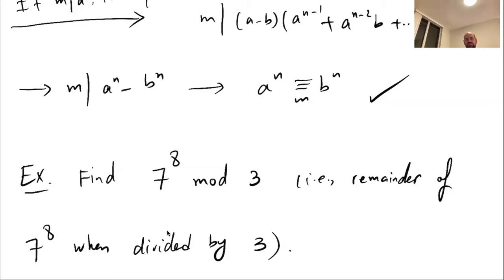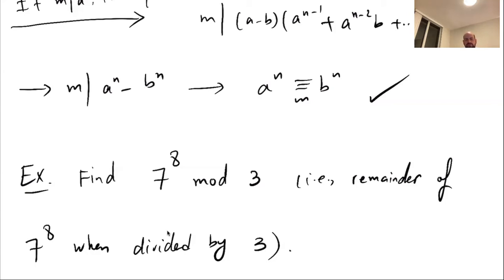How much do you think that remainder will be? First of all, when you divide a number by 3, please note that the remainder has only 3 possibilities. It will be either 0 or 1 or 2. There is no other possibility, right? Remember that remainder is always bigger than or equal to 0 and less than the divisor.